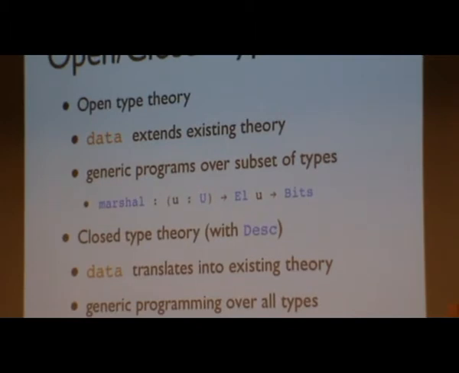Maybe this is the code of bool and the code of string, and this is the actual bool and the actual string. And if you pattern match on U first, then that determines the actual value in the language so that you can write a generic function. This is the traditional way of doing generic programming within a dependent type language. And the limitation is that it's over a subset of types.